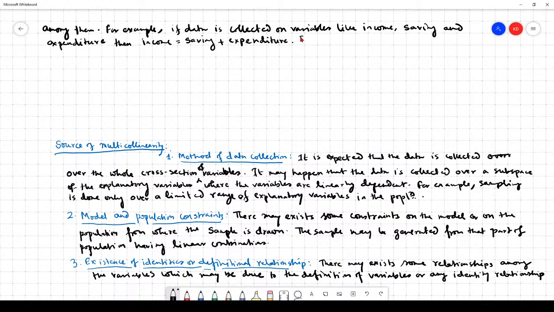Such a relationship will not change even when the sample size is increased.